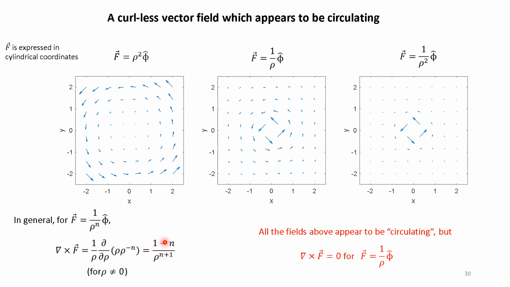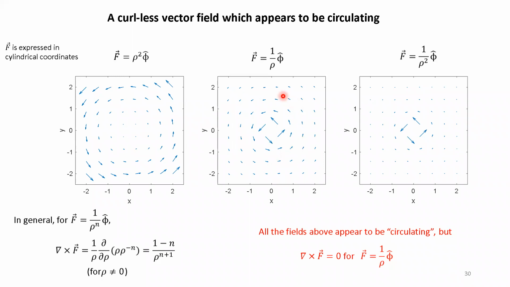Most of the cases give some non-zero number, except when n equals 1, that is this case here. So the curl of F in this case is actually 0.